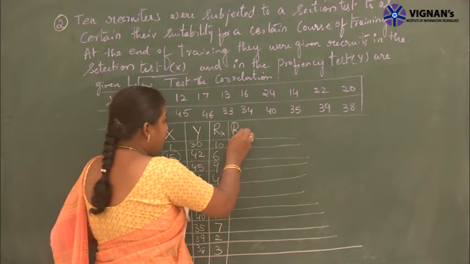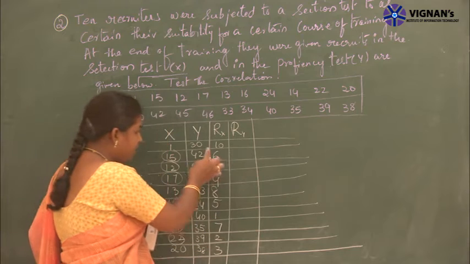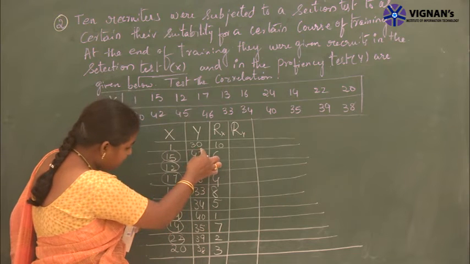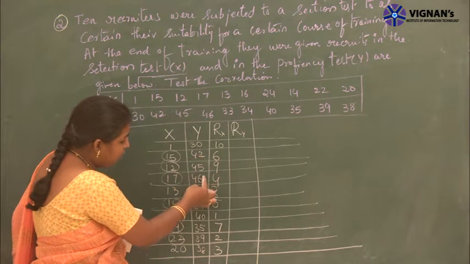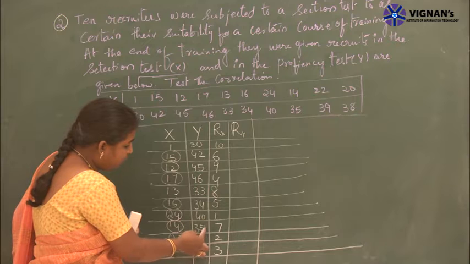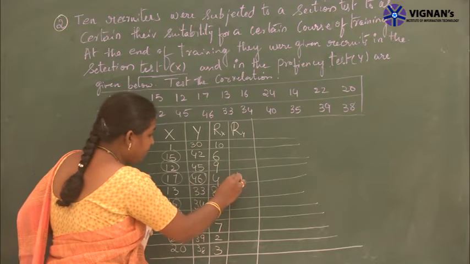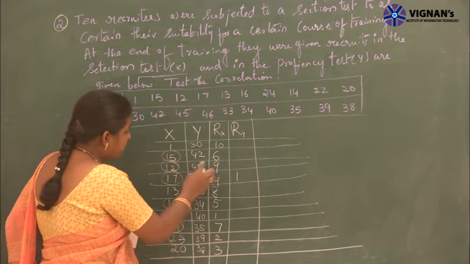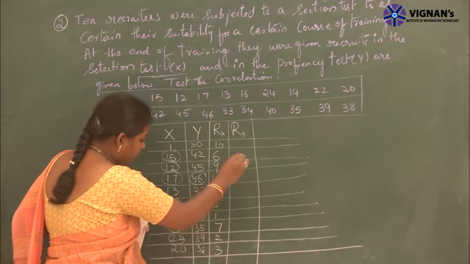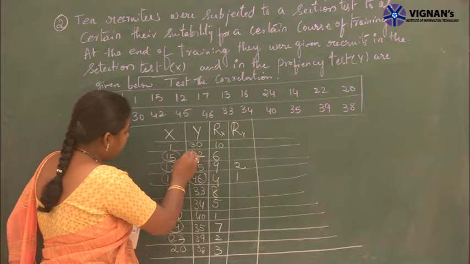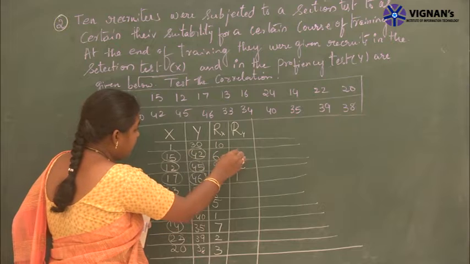Next, Ry means we give the ranks of the Y values. Which one is the maximum value? 30, 42, 45, 46, 33, 34, 40, 35, 39, 38. So 46 is the maximum, we give rank 1. The next maximum, 45, gets rank 2. Next maximum is 42, rank 3.